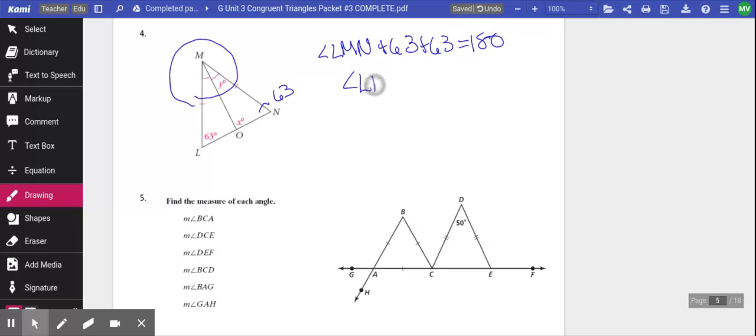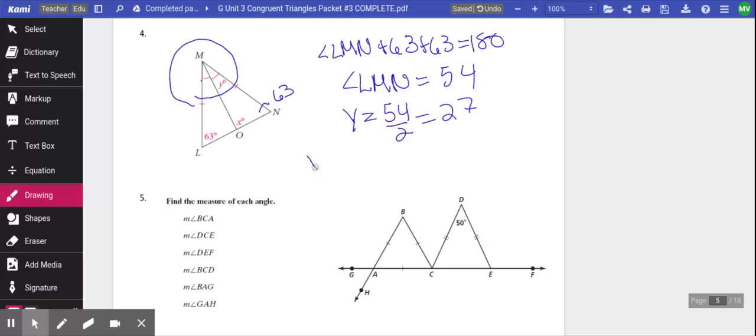So angle LMN is equal to 54. And then these 2 marks indicate that that's split in half. So Y equals 54 divided by 2, which is 27.